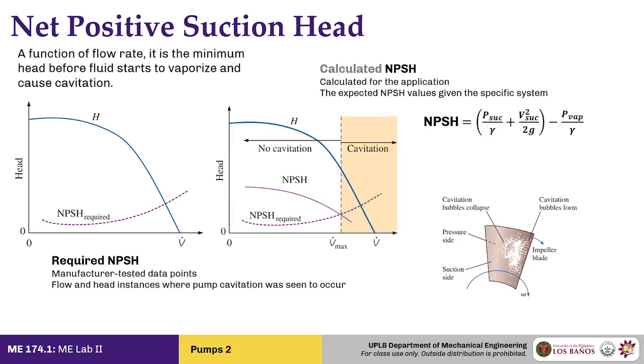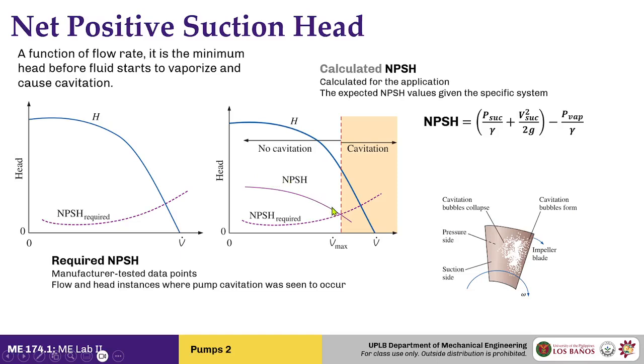In the next graph, you will see the two curves. The solid purple line that you see here is the calculated NPSH of your system, and the dashed line is the NPSH for the pump. Now, as long as the calculated NPSH stays above the required NPSH, your pump should probably be safe from cavitation.